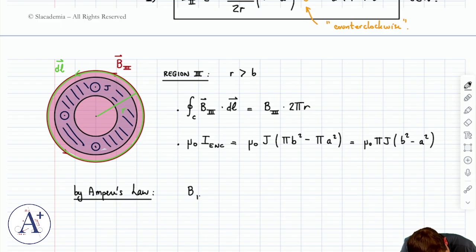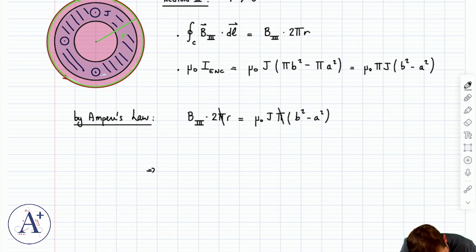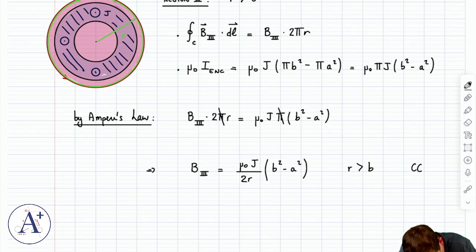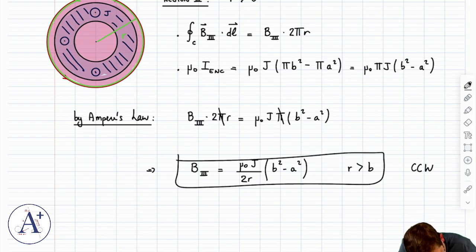So B3 times 2 pi r is equal to mu naught J pi times b squared minus a squared. Pi goes away, and we conclude that B3 is equal to mu naught J divided by 2r times b squared minus a squared. That's for r greater than b, and that will be a counterclockwise magnetic field.